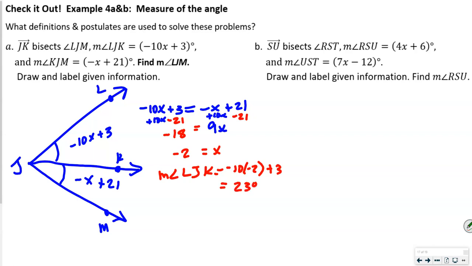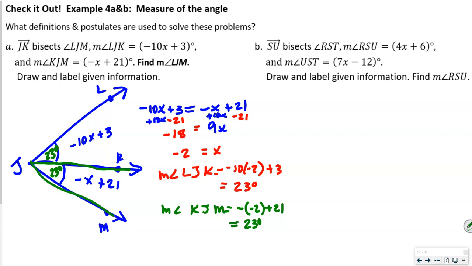Then I'm going to do the same thing for this angle, which is the measure of angle KJM. This one's going to be negative negative 2 plus 21. So that's 2 plus 21, so that's also 23. So if this is 23 here, and this one up here is 23, then what is the whole angle?